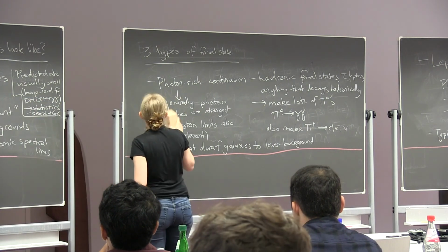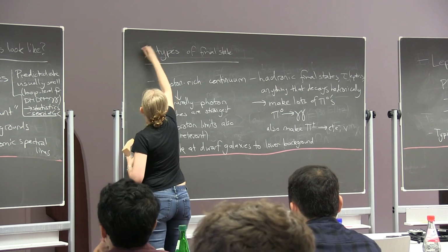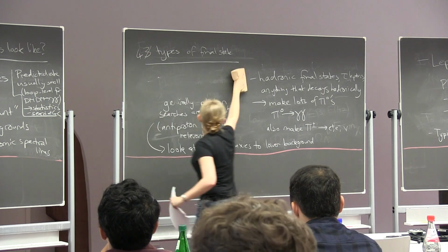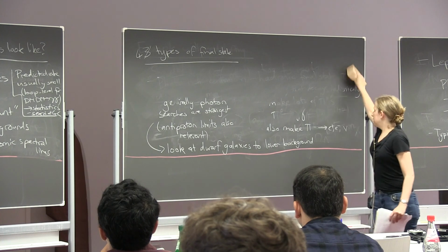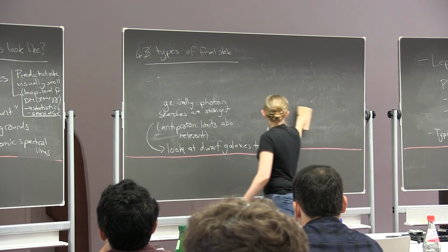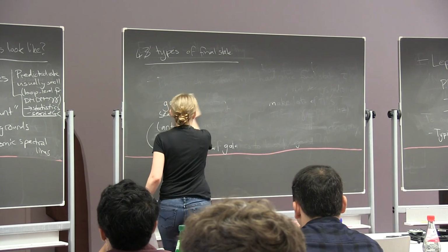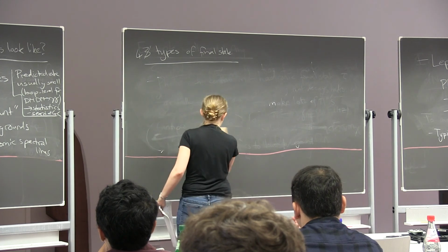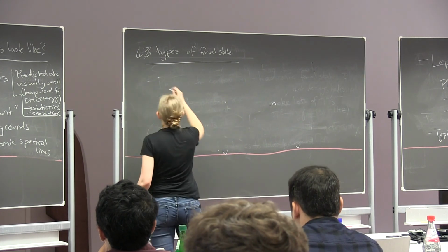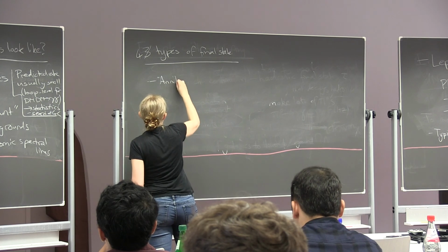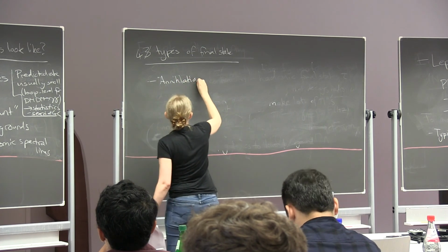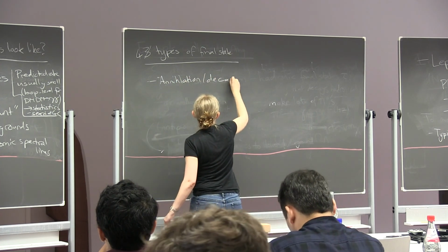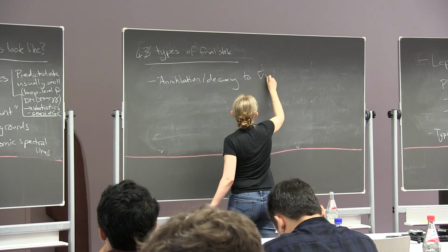And yeah, so option 4 is nature is not friendly to all of us, those of us doing photon searches for dark matter, and your dark matter, for whatever reason, annihilates to neutrinos.